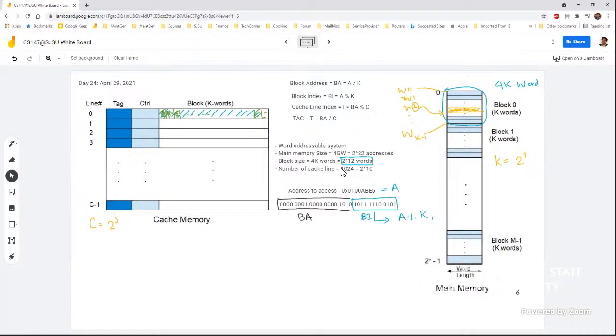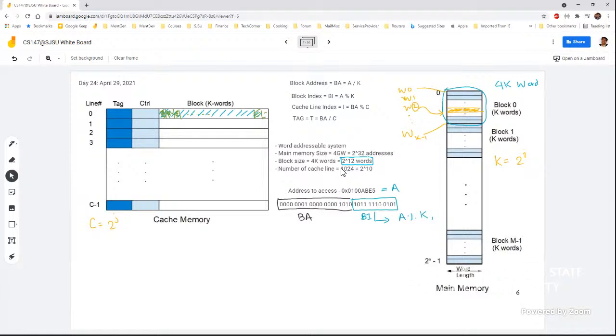Now let's deal with the BA, and we need to separate it into the tag and the cache line index I. The number of cache lines is 2 to the power 10, which means we need to yank out 10 bits out of it.